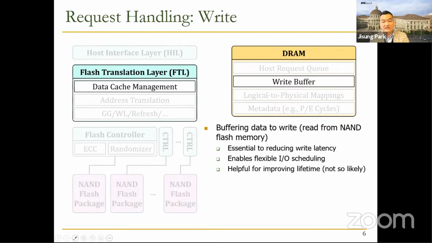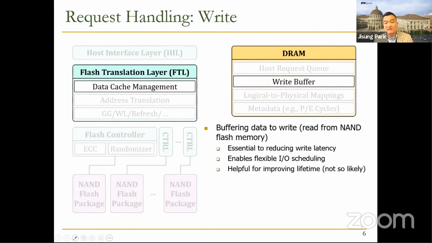As we briefly discussed at the last meeting, a flash cell has a limited endurance, meaning that a flash cell cannot reliably store data after experiencing a certain amount of program and erase operations. So if a host write request hits the DRAM cache, in other words, if the previously requested data is to be updated with the new data before the SSD writes the old data to NAND flash memory, the SSD does not have to write the obsolete data from the previous write request, which reduces the number of program operations actually performed.